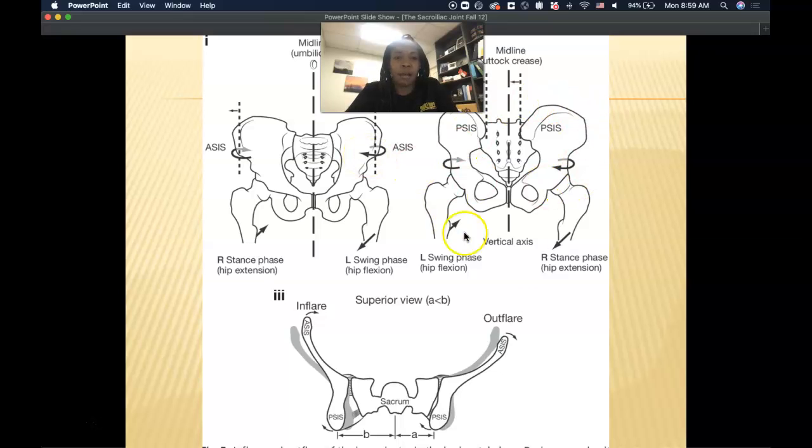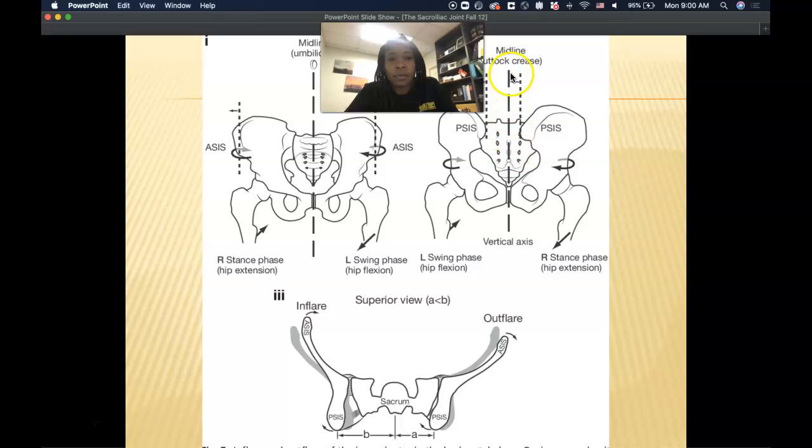And then you're seeing that from a posterior perspective. What does that shift look like if we have an outward flare? You can see that the PSIS is moving closer to the midline, right? And the inward flare, what does that shift look like? It looks like the PSIS is moving away from the sacrum. So think midline.